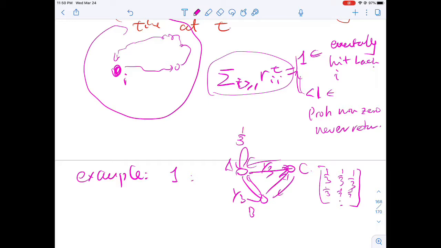So if I use this Markov chain, I know that if I start from here and take a random walk, no matter how the random walk evolves, with probability 1 I'm always going to be able to hit back A, right?